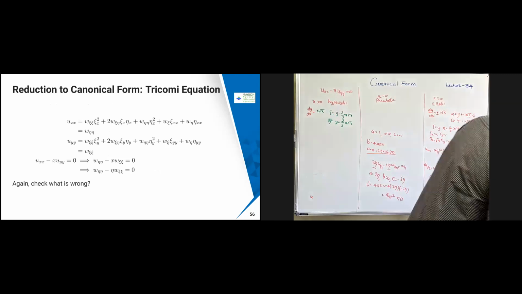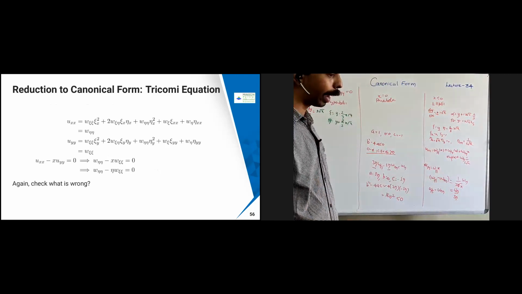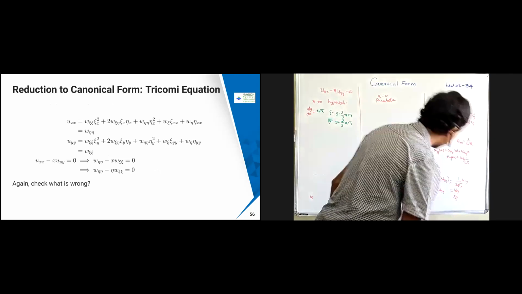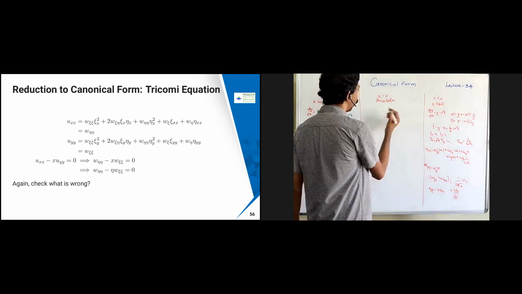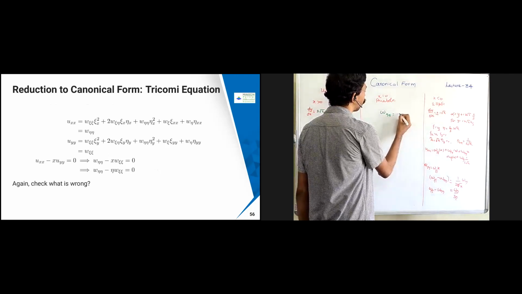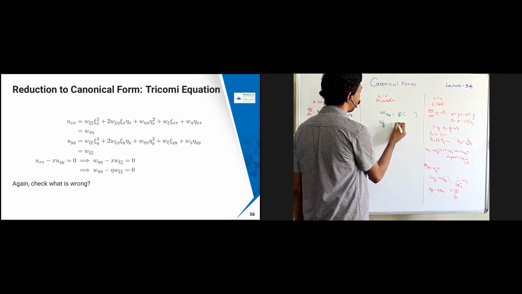So once again, here you are going to get w_chi chi minus eta into w_chi equal to 0. But if you remember the parabolic case, once again I'm just going to ask the question. In the parabolic case, I told either w_eta eta equal to some function, or w_chi chi equal to some function.